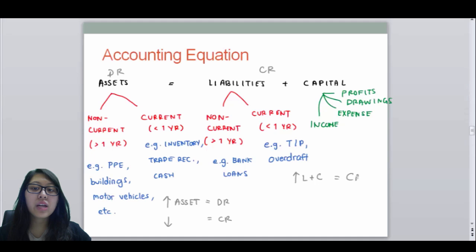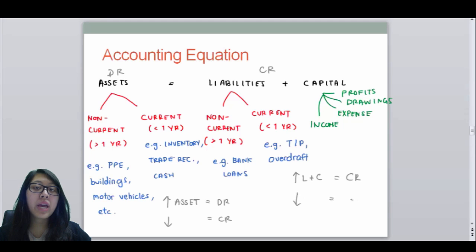On the other hand, for liabilities and capital, if they go up, it would be a credit figure. So in this case, if I were to take a bank loan, that means I would have to increase my liabilities. So I would credit my bank loan account to reflect that I now have an increased liability.